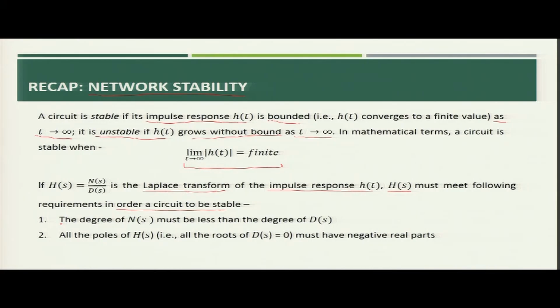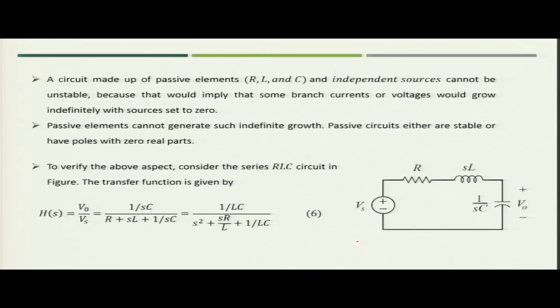One requirement was that the degree of N(s) must be less than the degree of D(s), that is, the degree of the numerator expression should be less than the degree of the expression in the denominator. The next requirement is that all poles of H(s) must have negative real part. All poles means all roots of the denominator expression must have negative real part.